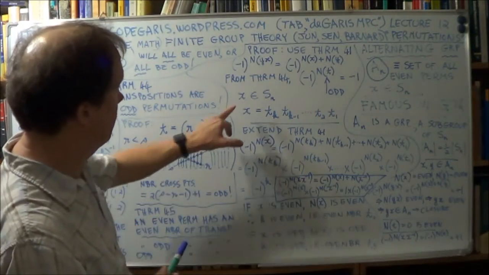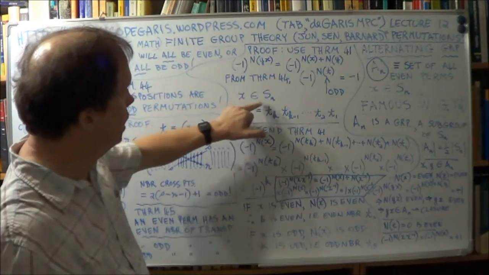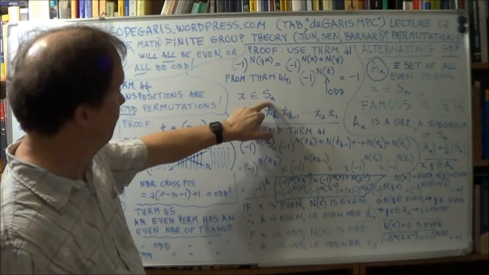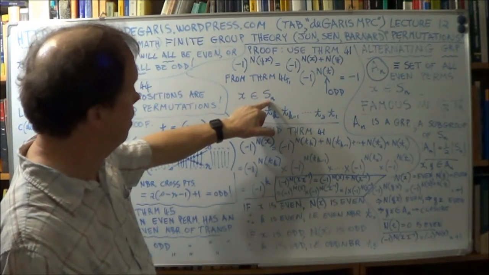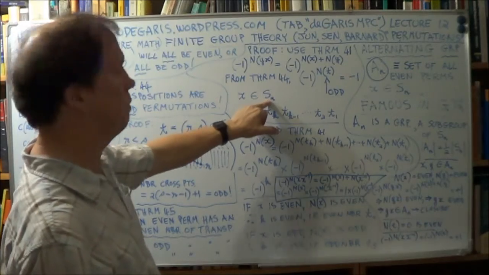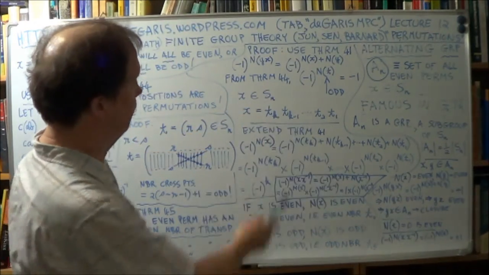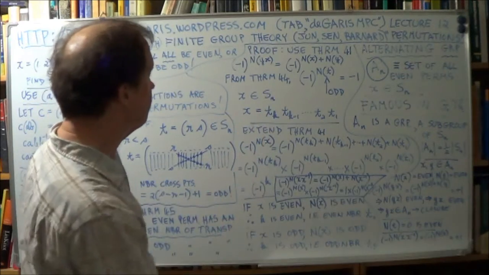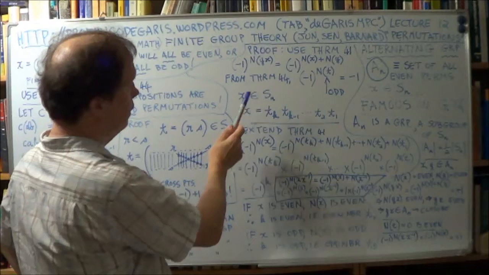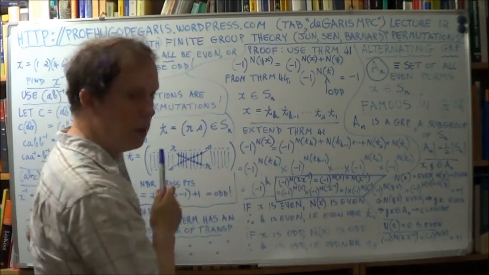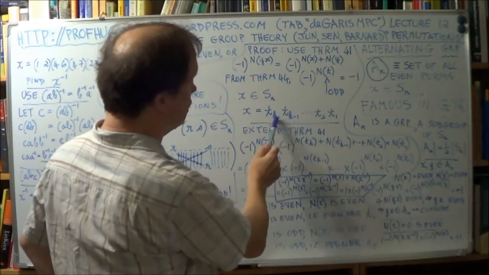Right. Now, x here is just an arbitrary permutation from your symmetric group of n objects, and you know you can write any permutation as a product of transpositions, right?